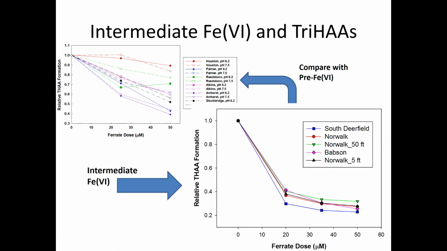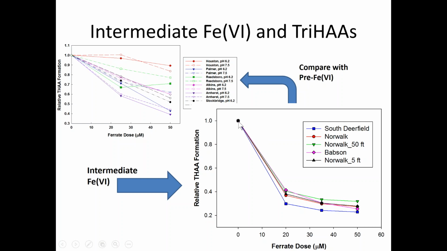Okay. Here's another figure. This just shows the haloacetic acids. This happens to be the trihaloacetic acids, and showing the fractional removal in pre-ferrate application, pre-treatment application of maybe, what does that look like, about 30% maybe, or 25%.